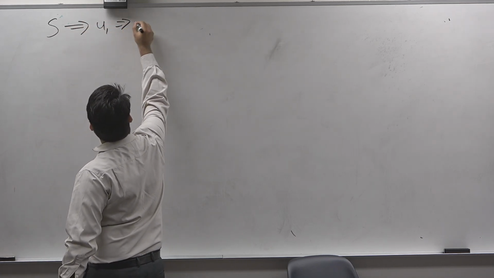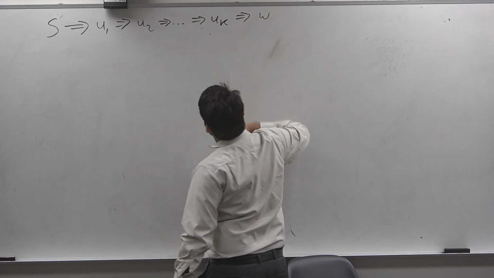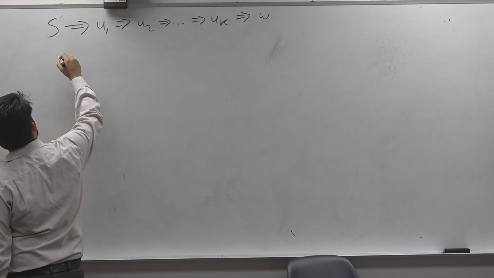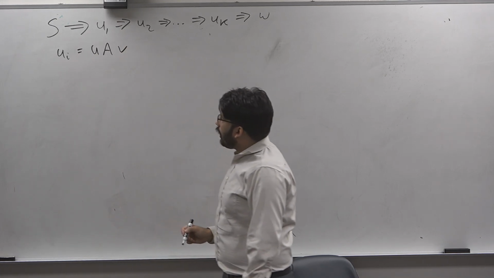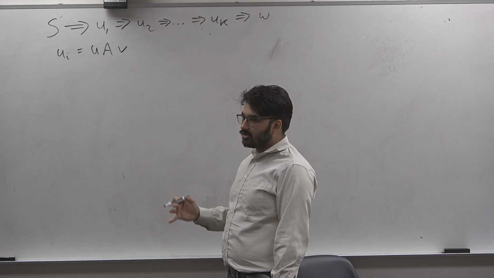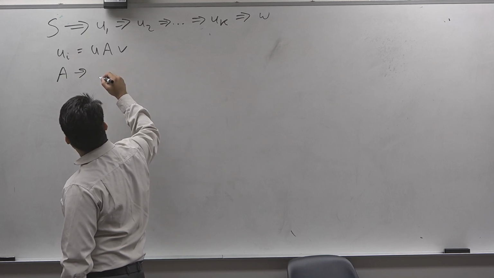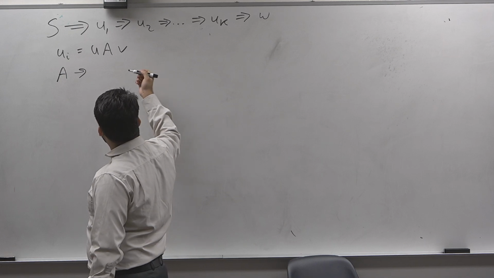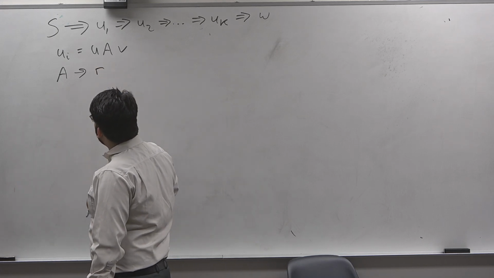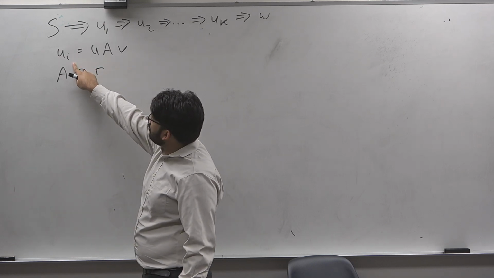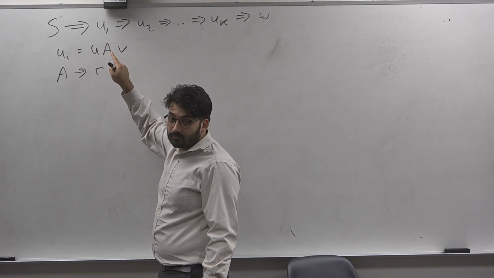Let's call this U1, U2, to, let's say, UK, which then will go to somewhere W. Each of these is a step of productions, where, for example, if UI is equal to UAV, where U and V are perhaps some combination of terminals and non-terminals, and we have a production of the form, let's say, capital A goes to R, then we take this string and replace the non-terminal with the application of the production.